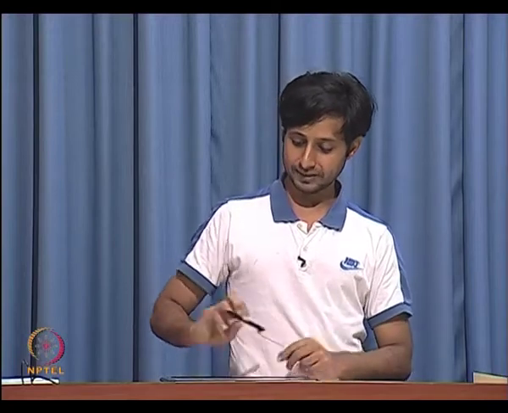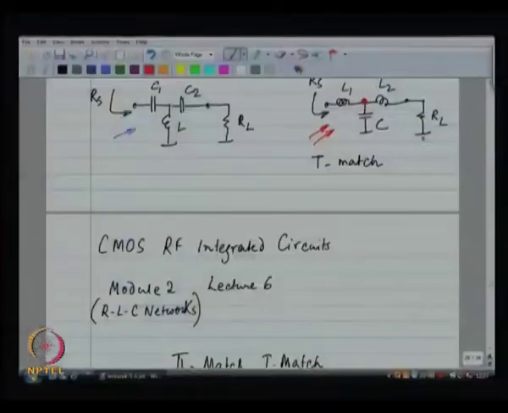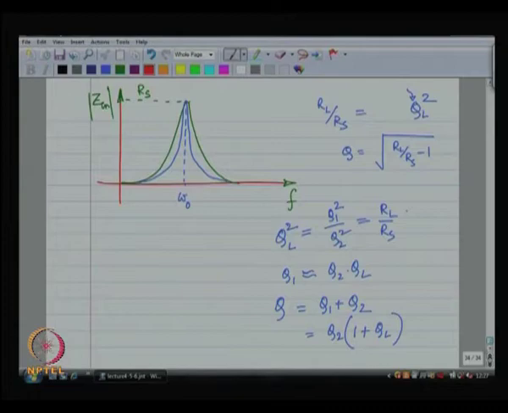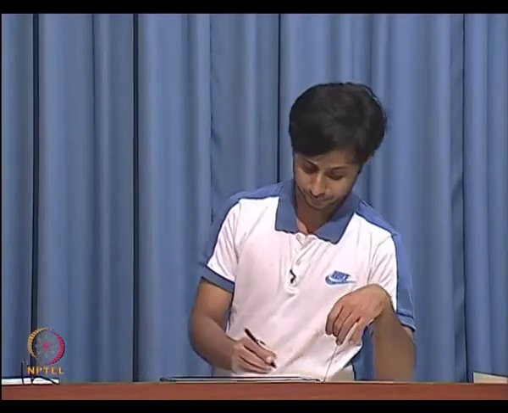Okay. Whereas, in this one, this parasitic is taken care of. There is also a parasitic capacitance here, which I have to worry about, and there is also a parasitic capacitance here, which is something I will have to worry about, but let us worry about these things later. Okay. So, let us look at this T match briefly.